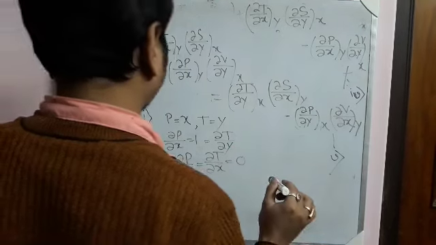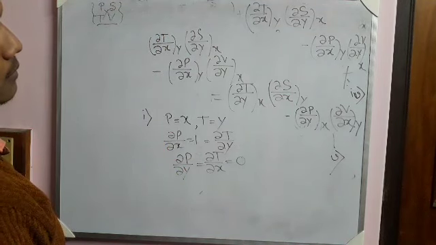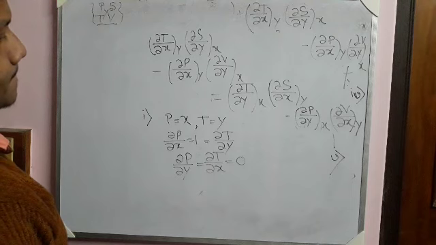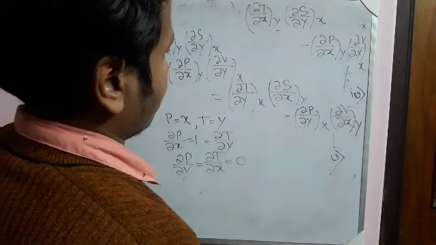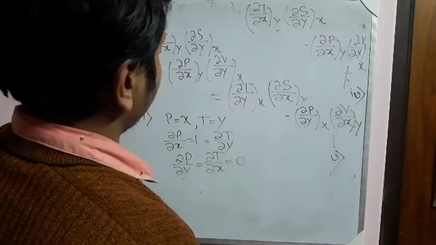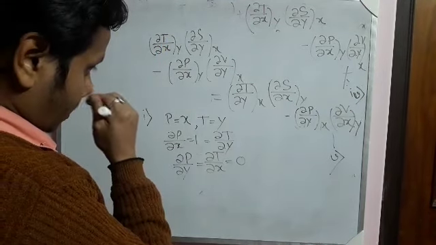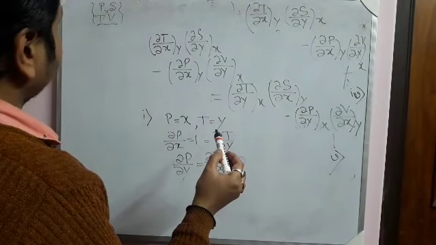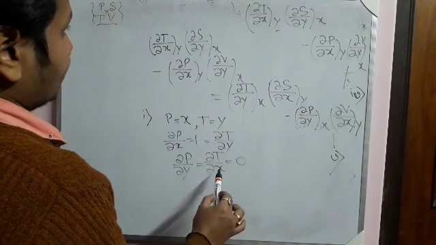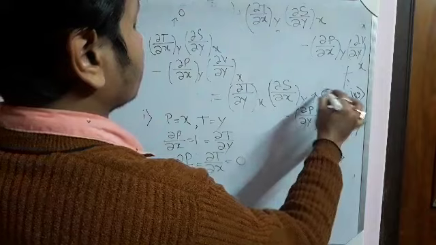So what do we get? P equal to X and del P del X is 1, del T del Y is 1, del P del Y, del T del X. So del T del X is 0, that means this term is 0, and del P del Y is also 0, that means this term is also 0.